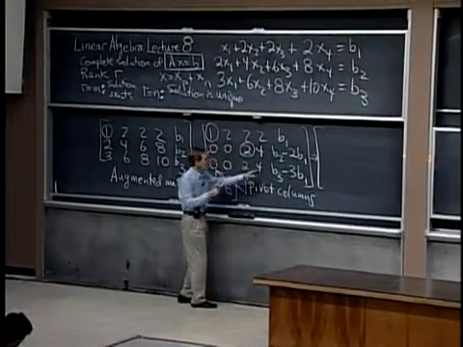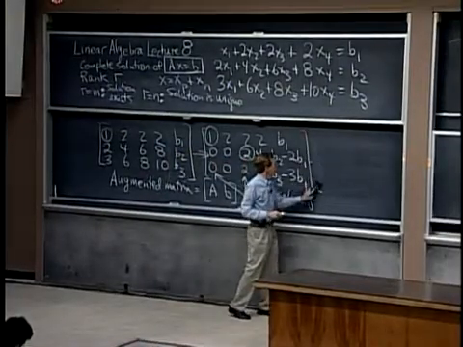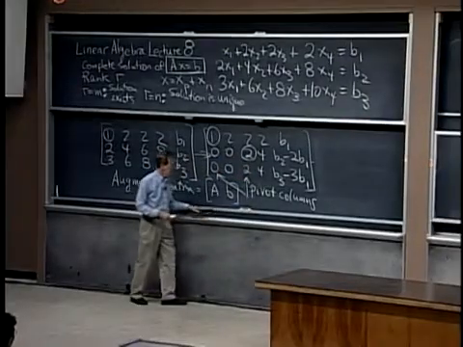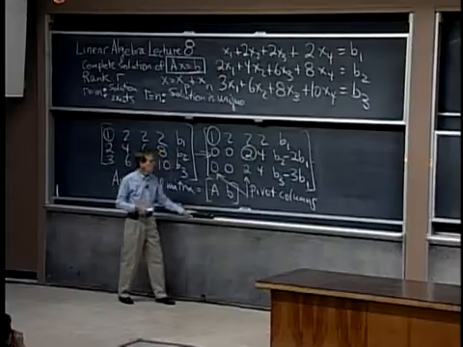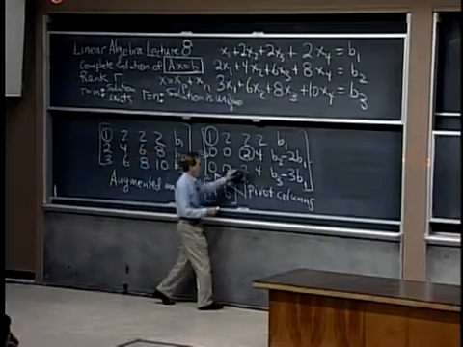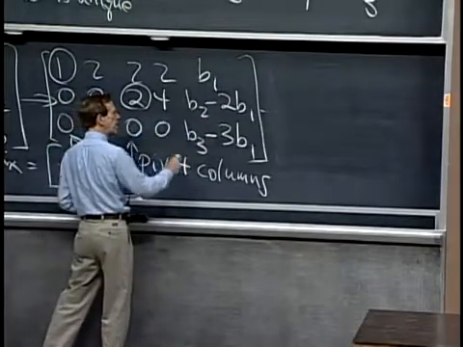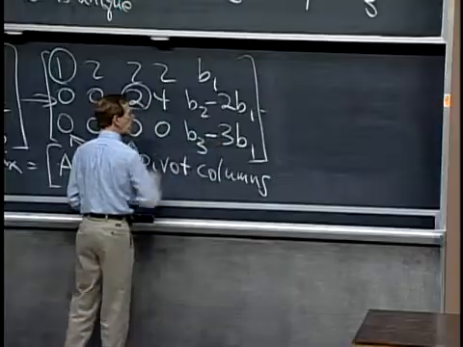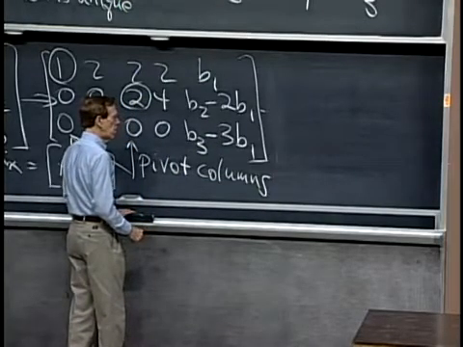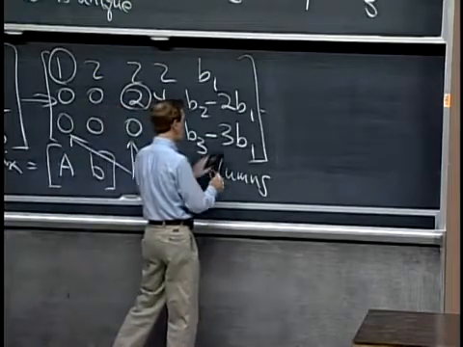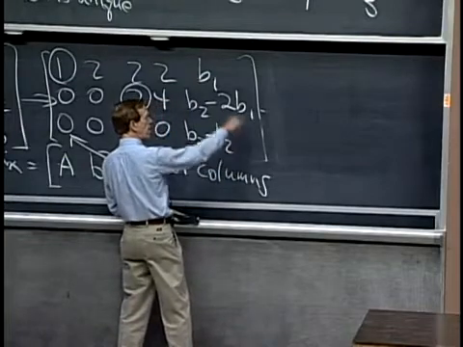Well, can I do it by erasure? We're capable of subtracting this row from this row, that'll knock this out completely and give me the row of zeros. And on the right-hand side, when I subtract this away from this, what do I have? I think I have b3 minus b2, and I had minus 3b1.